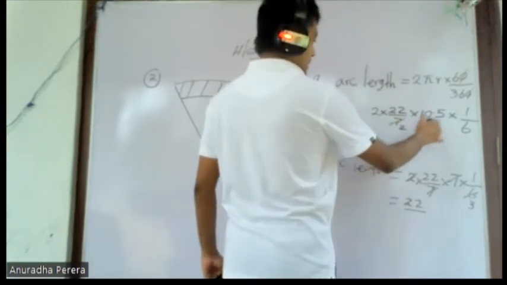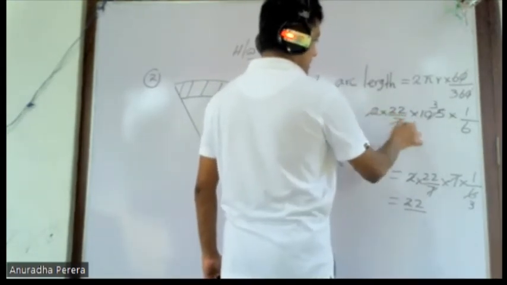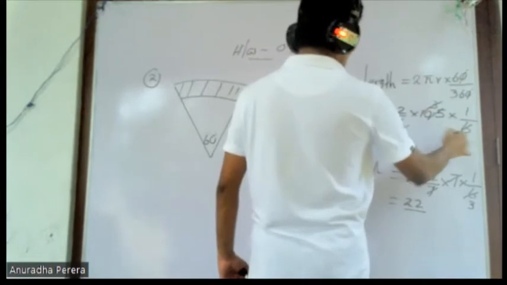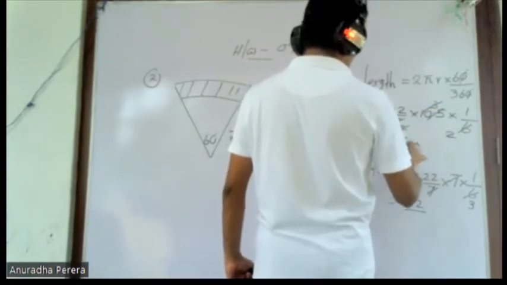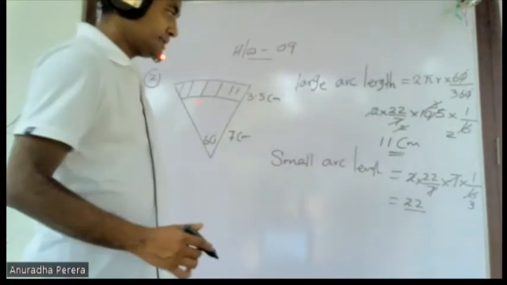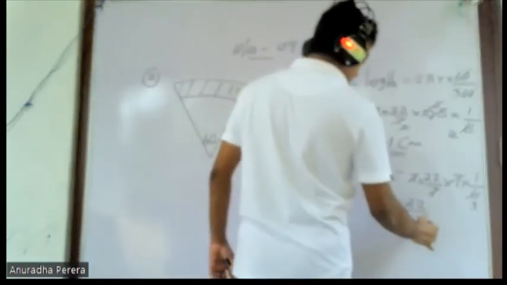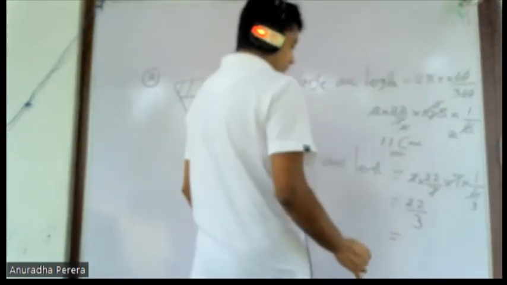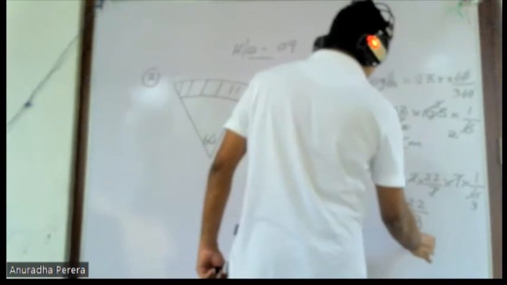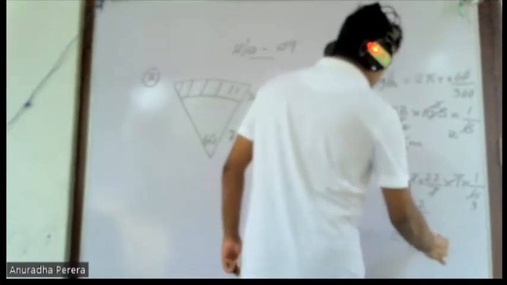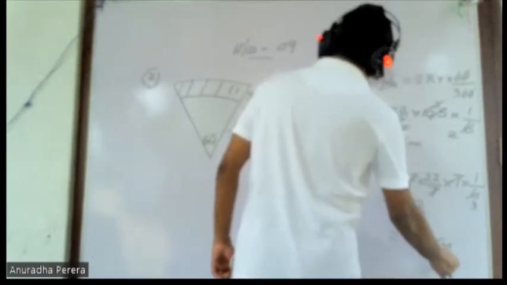Make it 2, 3. These two can be divided. 3 over 6, 2. 11 centimeters. The large arc length is 11 cm. The small arc is 20 over 7, 2.9, no, 0.3... yes, 7.3 centimeters.